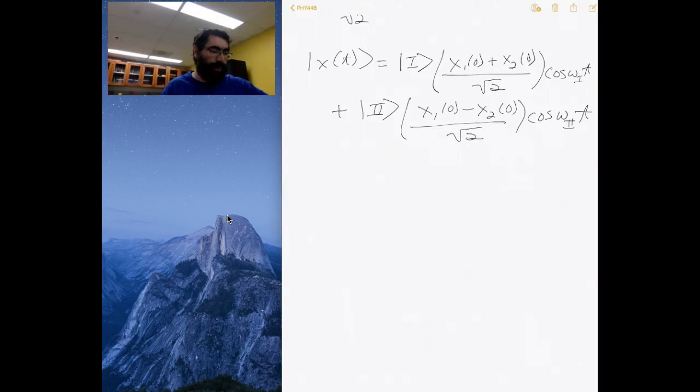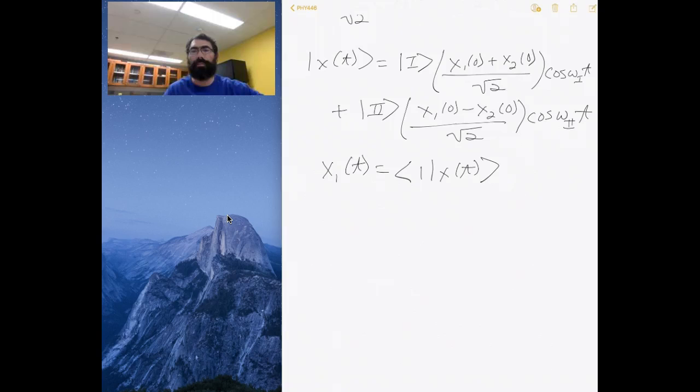Now, what is the position of mass number 1 at any moment in time? Well, that's just taking the projection, now not in our diagonalized basis, the basis where we're using Roman numerals, but in the basis of just mass 1 moving by itself, on our position vector x of t.